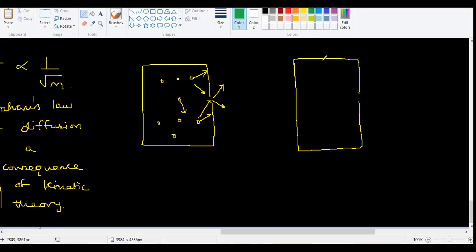Now imagine that I have a little bit bigger molecules, which is oxygen. But let's assume that the leak hole is bigger than this size, so it's not about the size of the molecule which is stopped by this hole. Now this oxygen is moving a little bit slowly.